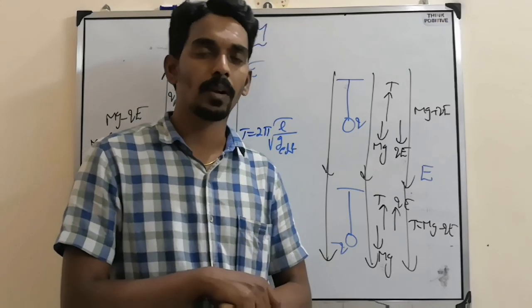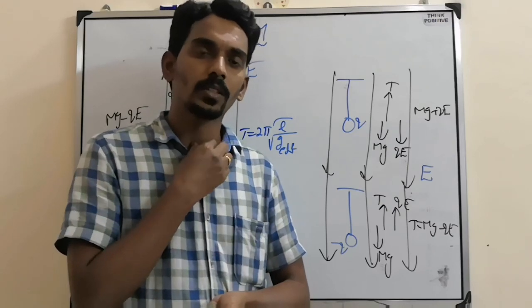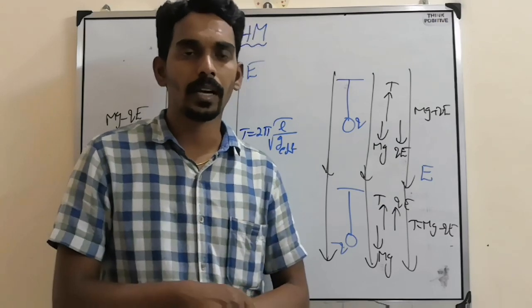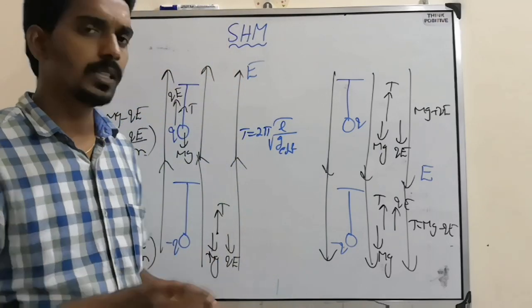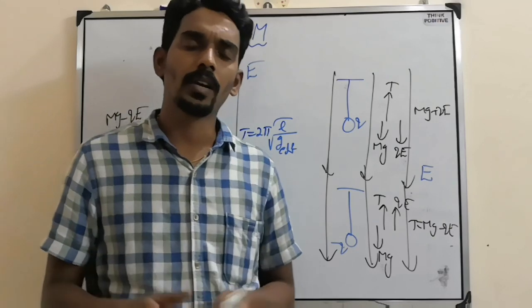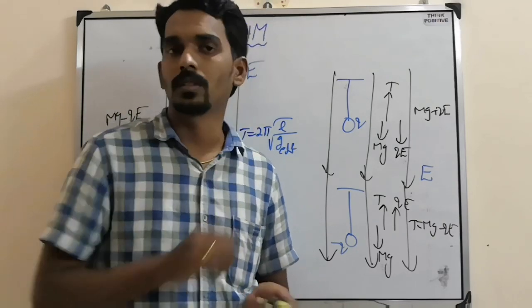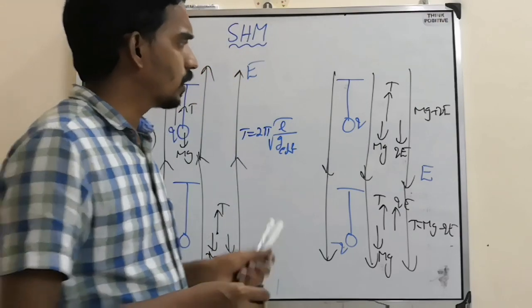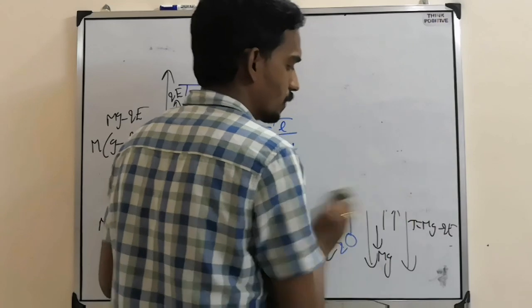Then you apply the formula A equal to omega square x. Then you compare and get omega. Then you can find the time period. So this is the way you need to understand what all the parameters are associated and what types of questions will come.